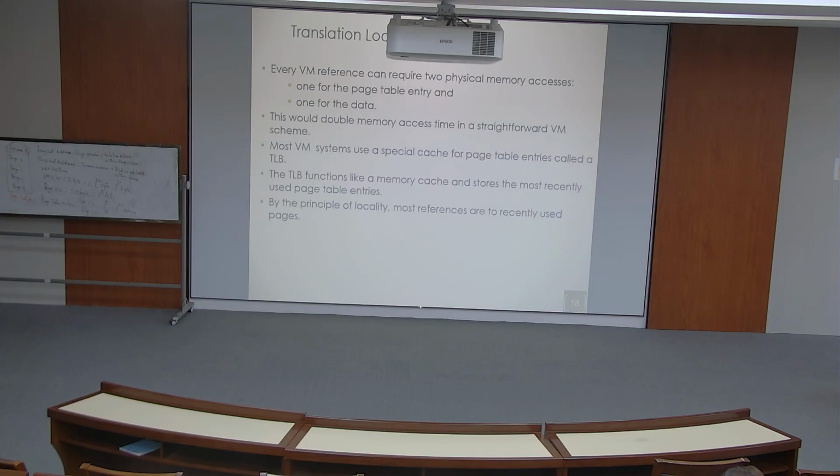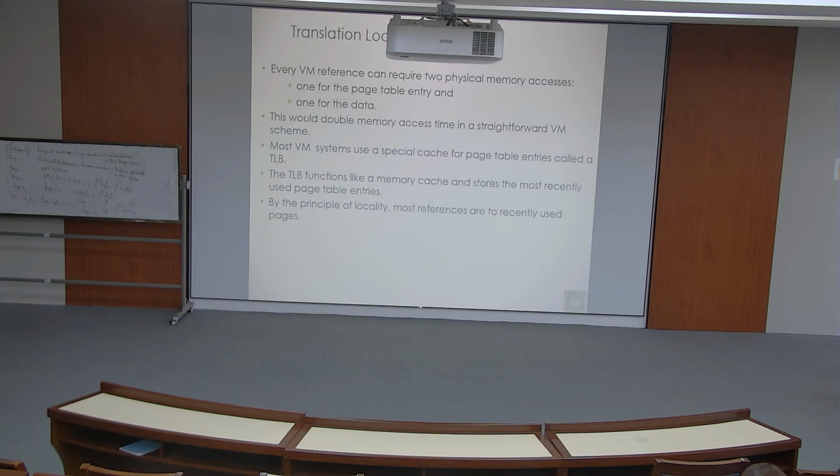Since each process needs a big number of tables, and those tables need to be loaded into the main memory, each virtual memory reference requires at least 2 physical memory accesses. One is for the page table entry, another is for the data itself. This doubles the memory access time in a straightforward virtual memory system.